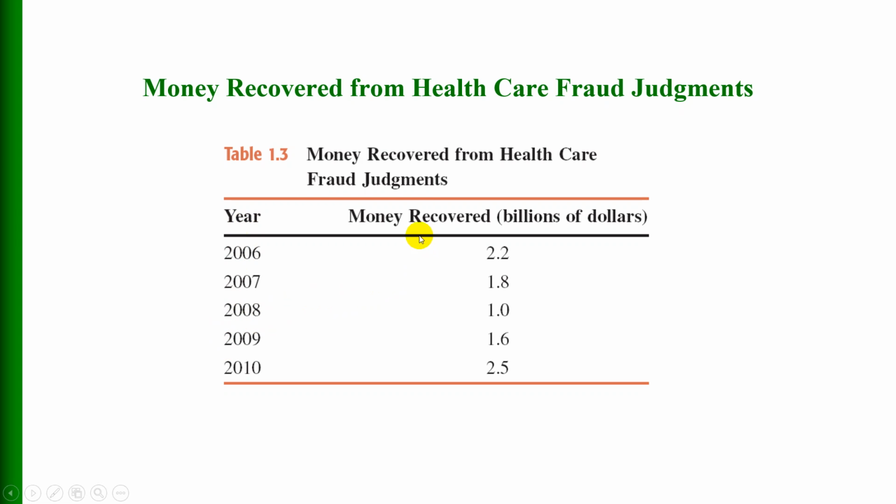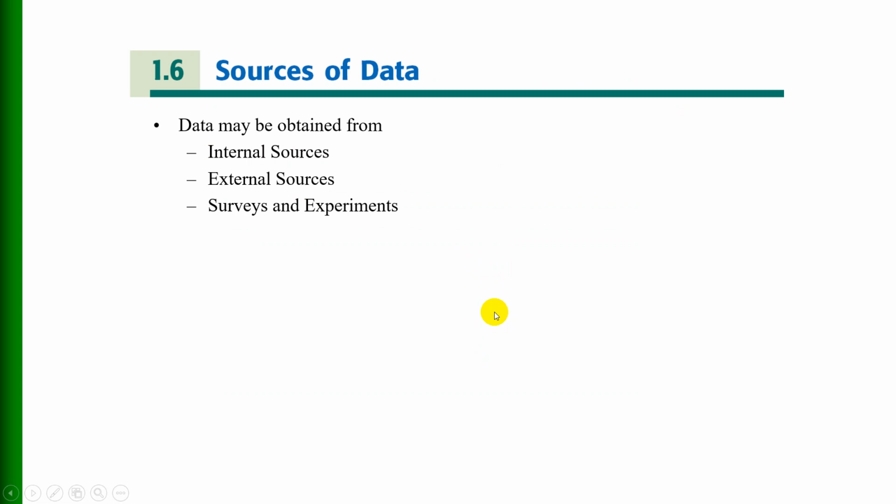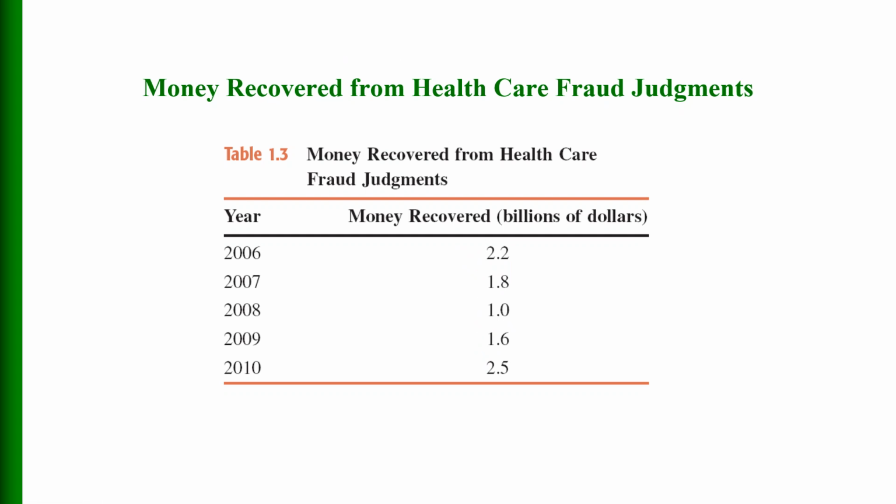This data is on the same variable over a period of time, that is 2006, 2007, 2008 till 2010, and these are billions of dollars recovered. So this is a kind of time series data. Data could also be panel data. When we combine the cross-section and time series data, we get panel data.